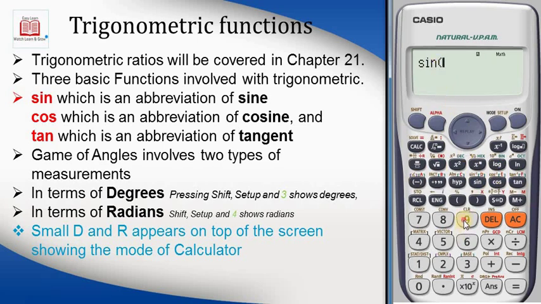For example, if I want to calculate sine of 9, how can I tell the calculator whether 9 is in degrees or in radians? How can I differentiate and tell the calculator to calculate in this sense?